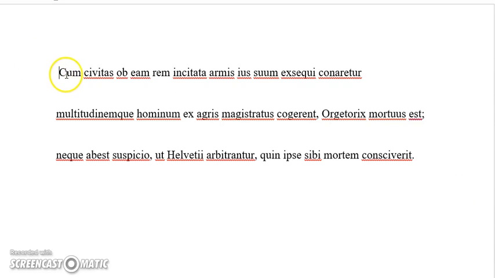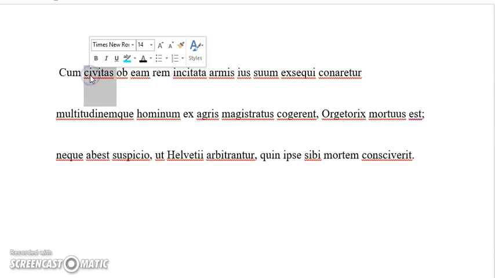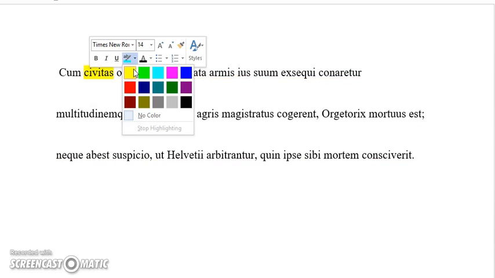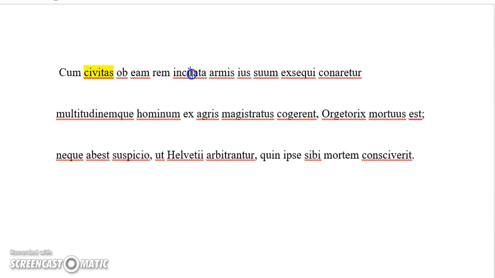We start off the next section with the cum clause. Cum civitas, there's your subject. Incitata, that modifies the subject. Ab and rem. Prepositional phrase, and don't use thing for rem.